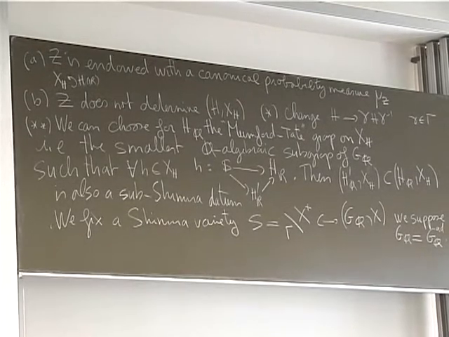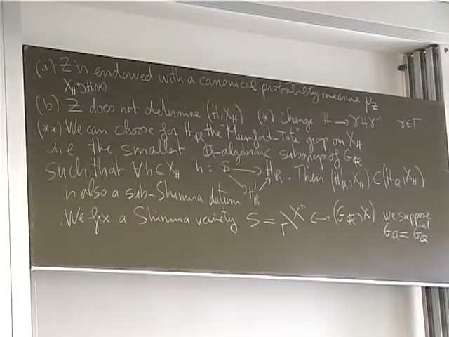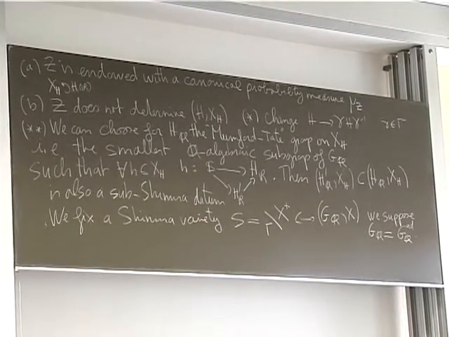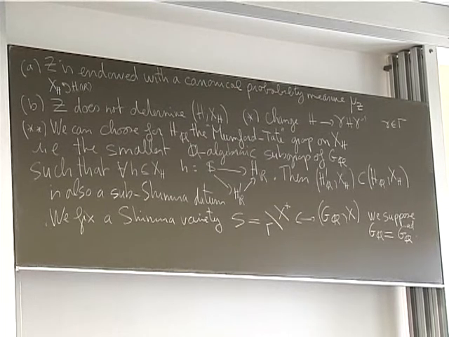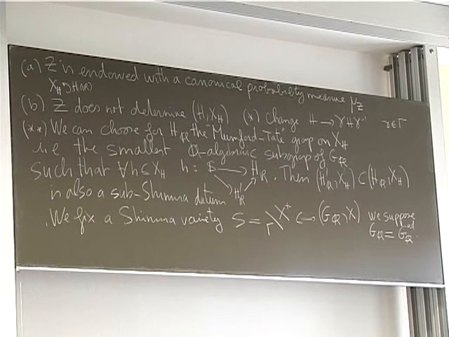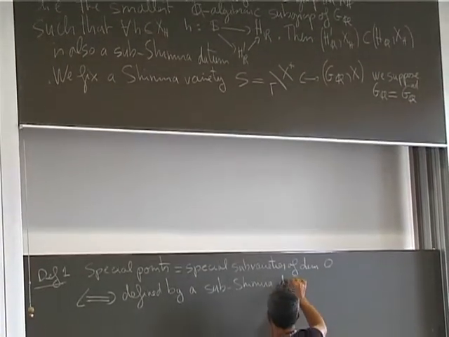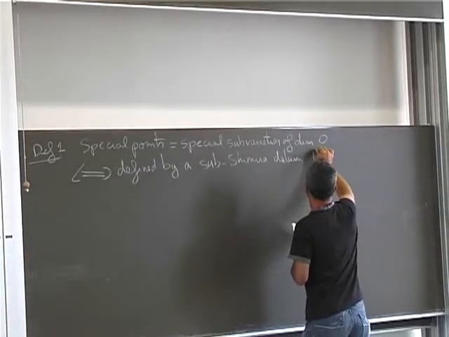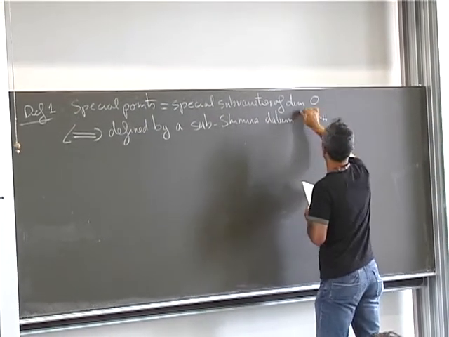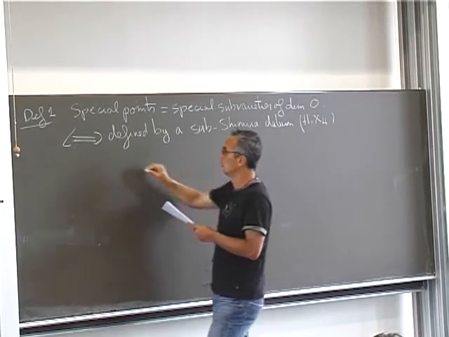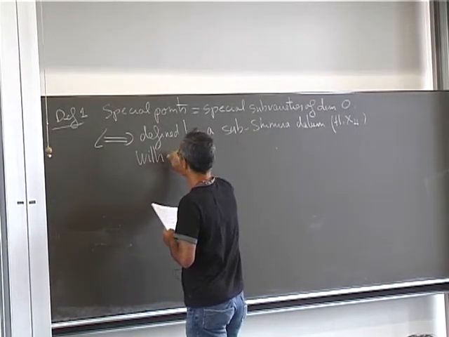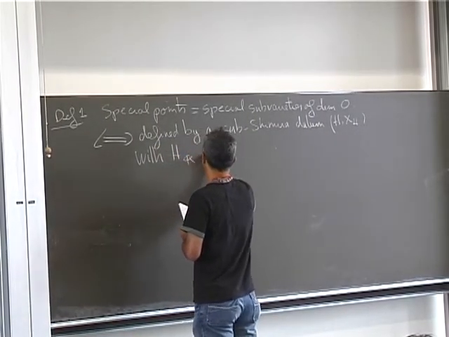And when you look at what it means, it's defined by a sub-Shimura datum. So say HXH, where HQ is a Q torus.